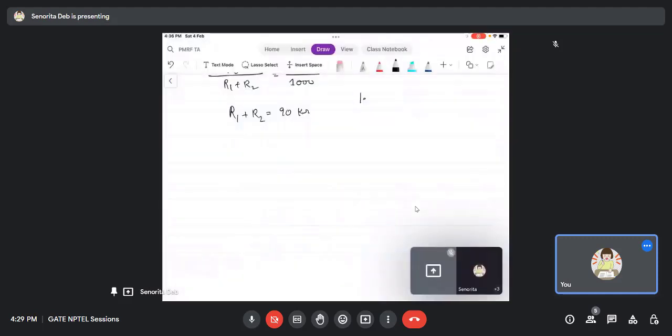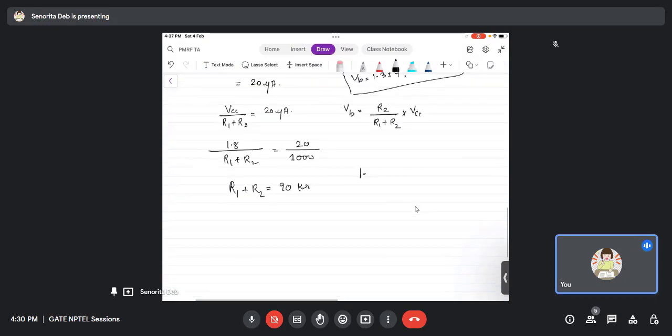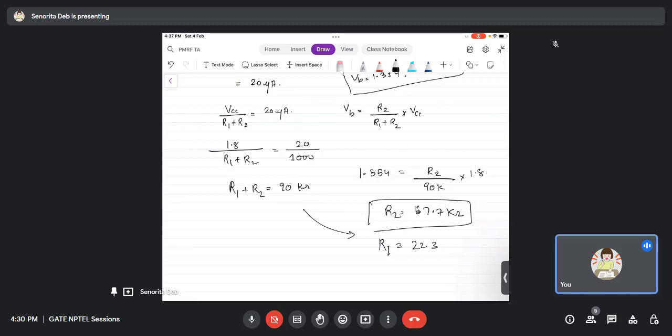So 1.354 equals R2 upon 90 kilo ohms into 1.8, right? From here you will get R2 as 90 into 1.354 divided by 1.8, which is 67.7 kilo ohms, and therefore R1 will be 22.3 K. So this is your answer for the design problem.